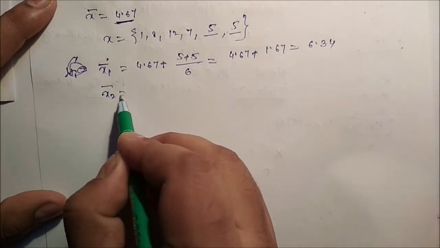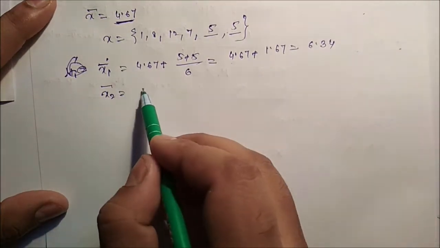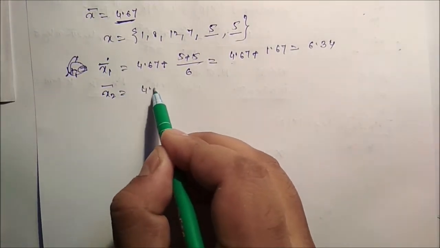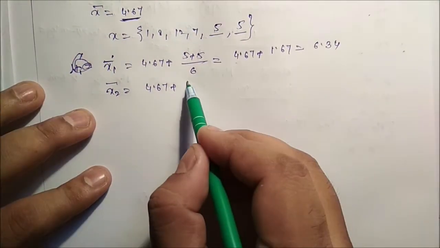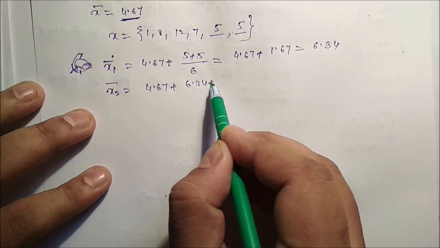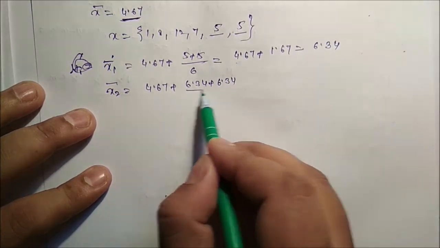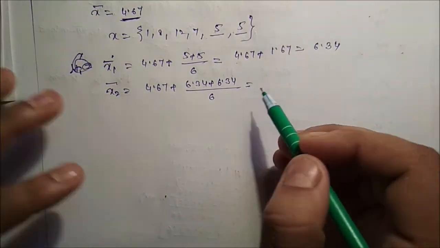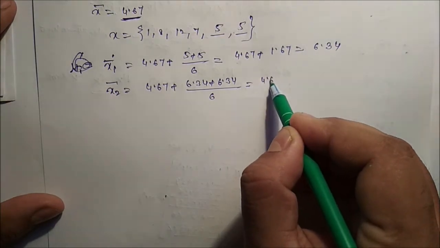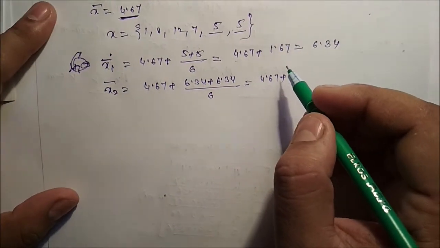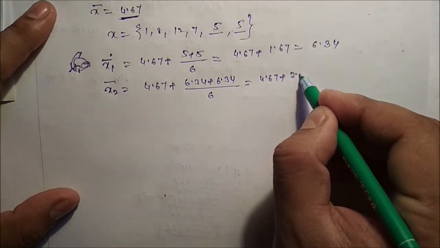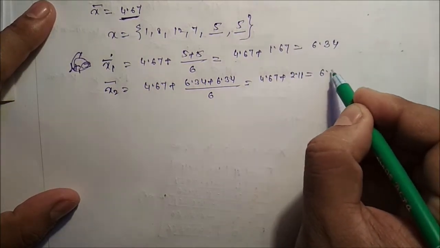In the next iteration, 4.67 is fixed, but the new missing values will be 6.34. So 4.67 plus 6.34 plus 6.34 divided by 6. If you calculate this, the answer is 4.67 plus 2.11, that means 6.78.